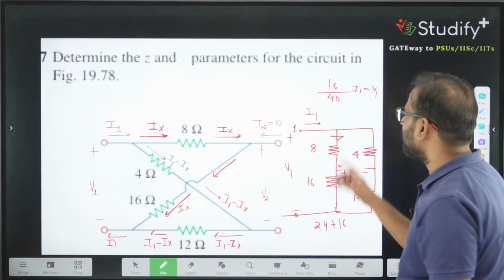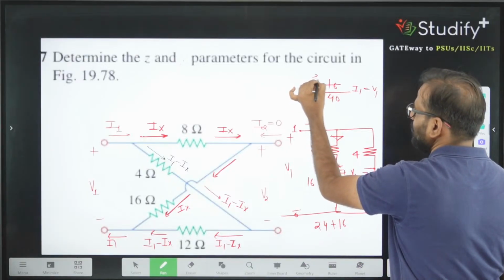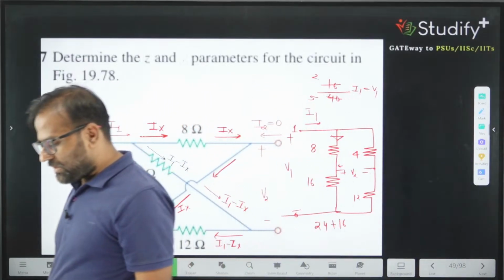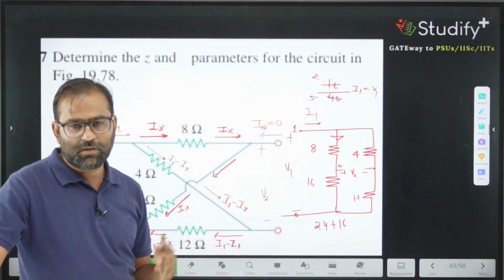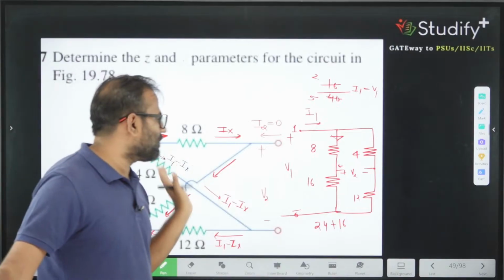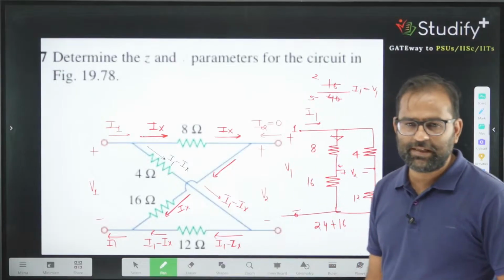So we can calculate the value of Z11, and Z11 is 0.4 times 8, and this value is 0.4. We have solved this type of question in our fundamental analysis. In our introduction, we talked about this type of ladder network. I hope this discussion is clear.